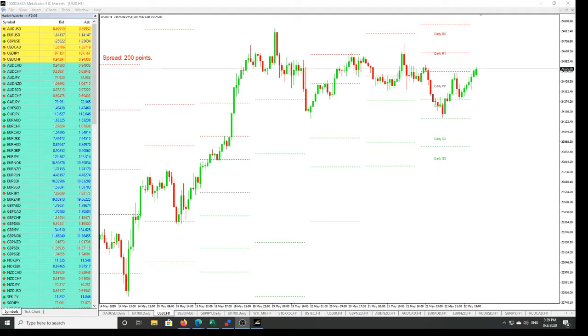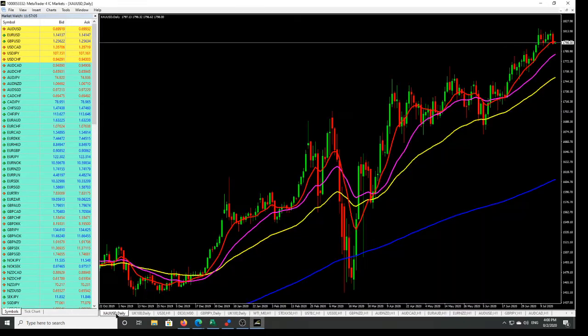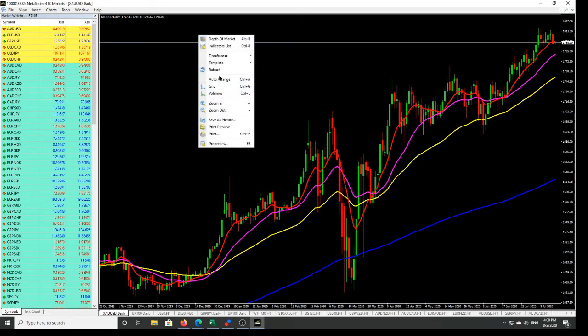That's why we have intermarket analysis, so that you know why one market affects the other. And I want to take the example of gold and show you something.